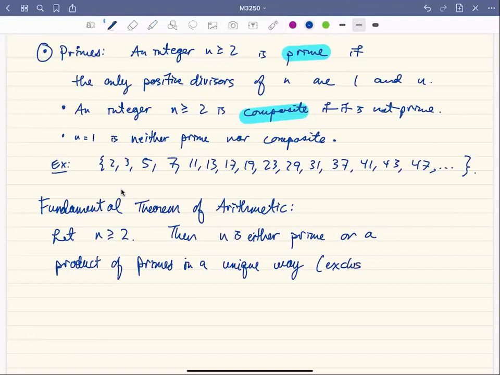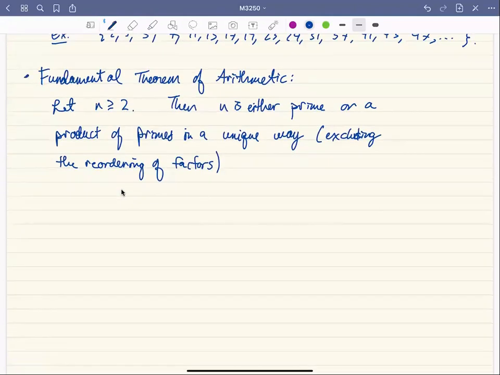excluding the fact that multiplication is commutative, so excluding the reordering of the primes. What I mean by this is that if you were to pick any number, say 30, 30 is either prime or a product of primes in a unique way, in this case 2 times 3 times 5.